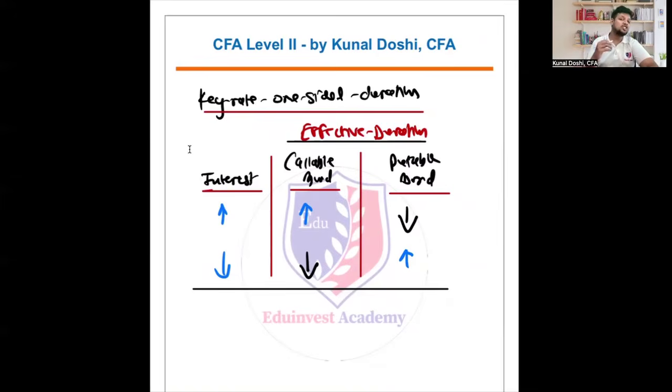So one-sided duration is how the price will react on the upside and downside. For a callable and puttable bond, when I say one-sided duration, it means the change will be higher or lower.